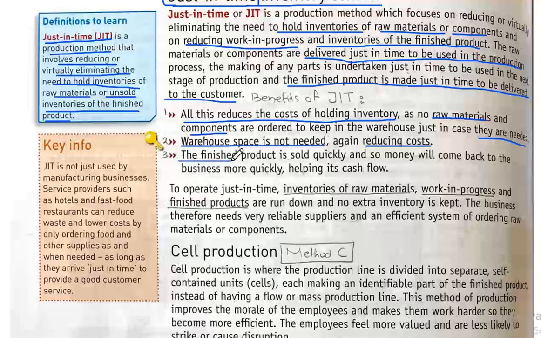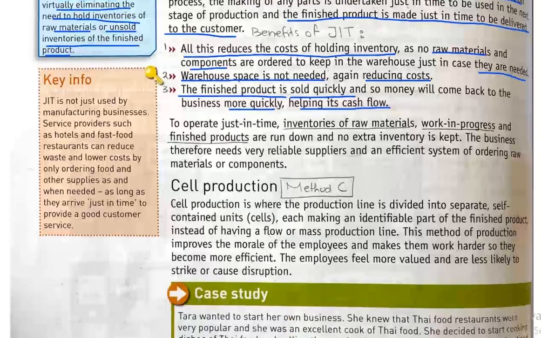The finished product is sold quickly, so money will come back to the business more quickly, helping the cash flow, which is cash inflow. Anything I produce, I will definitely sell, because I only produce once there's an order. So I'm not producing without any reason just to put finished products in storage.